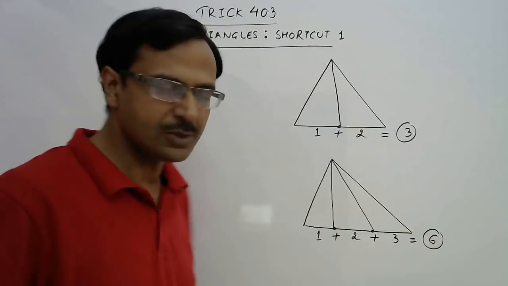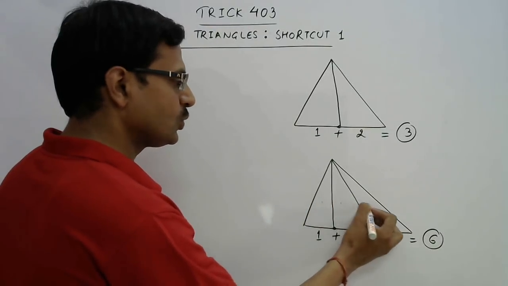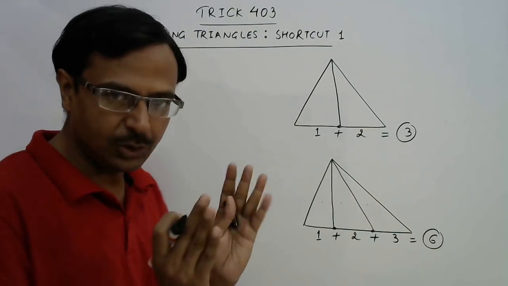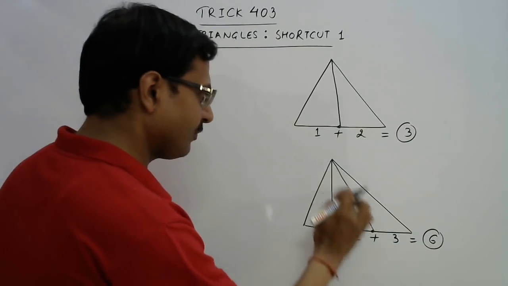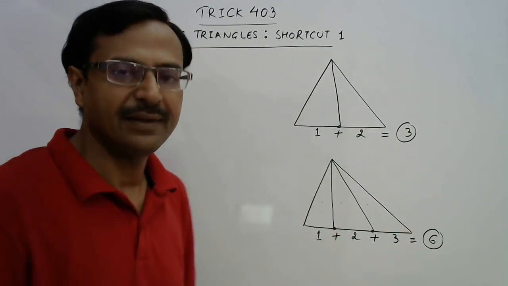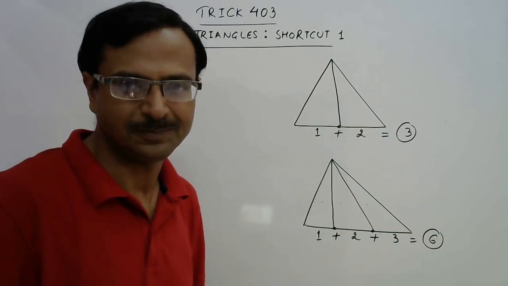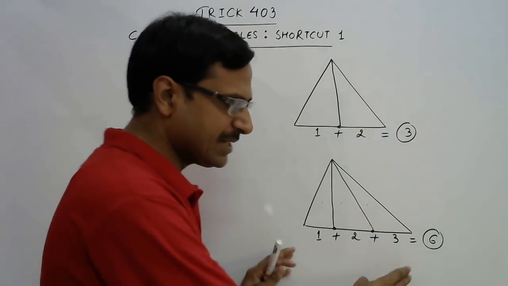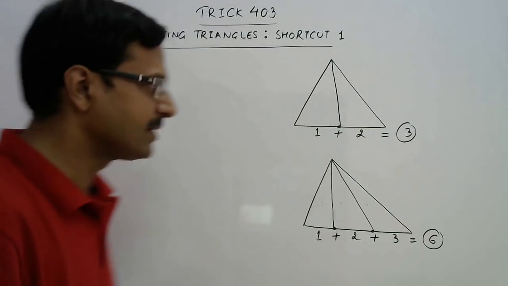You can verify also. 1, 2, 3. Then if you combine 2 triangles, this is the fourth one, this is the fifth one, and the largest triangle, that is the sixth triangle. Let's divide the base into greater number of parts.